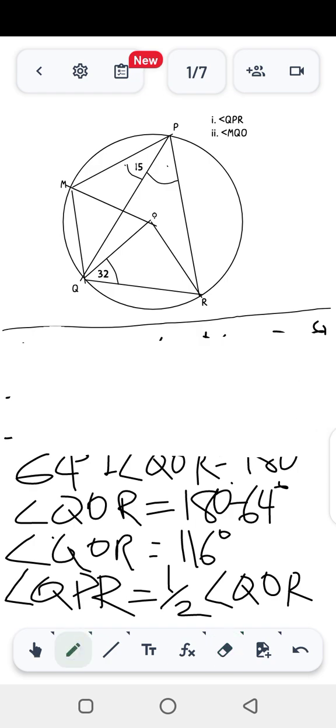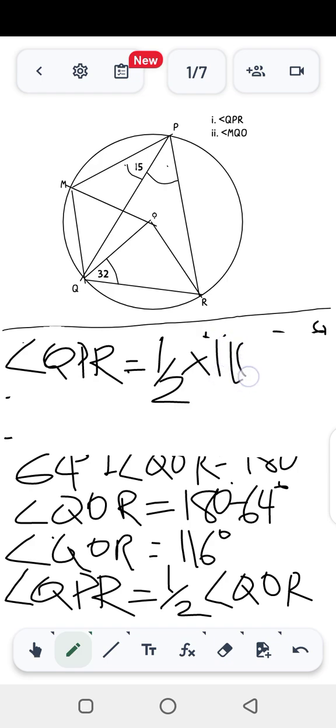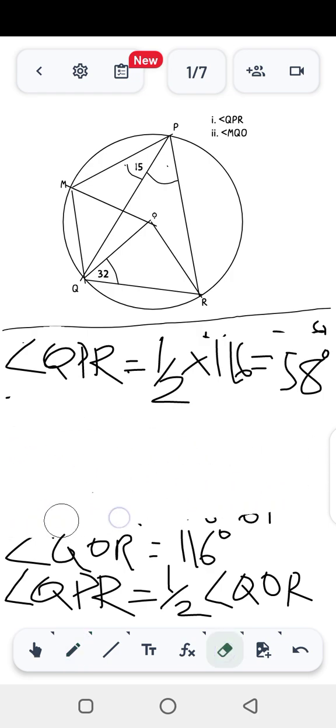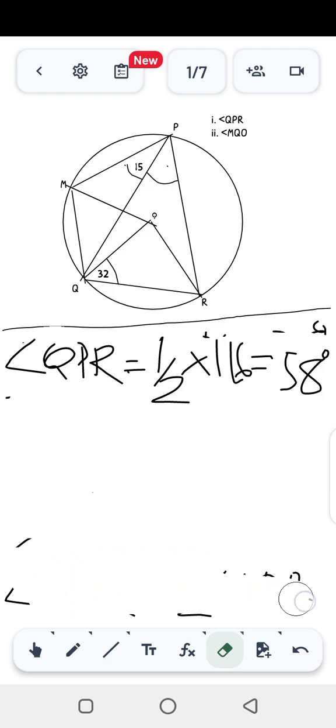This implies that angle QPR is equal to half of 116, and that gives us 58 degrees. Therefore, angle QPR is 58 degrees. Alright, so let me write this one here.